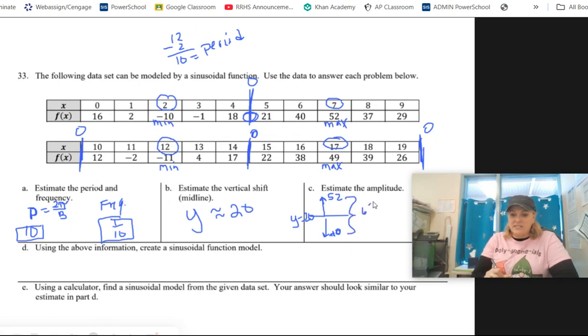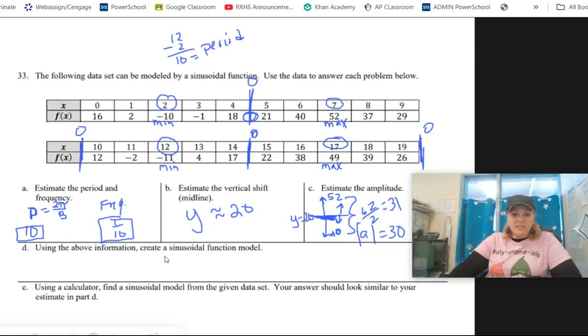That would be a distance of 62. Cut that in half, I'm guessing it's about 31 or 30-ish. So the amplitude would just be straight up, straight down from that y equals 20. So I'm guessing amplitude equals roughly 30, 31.